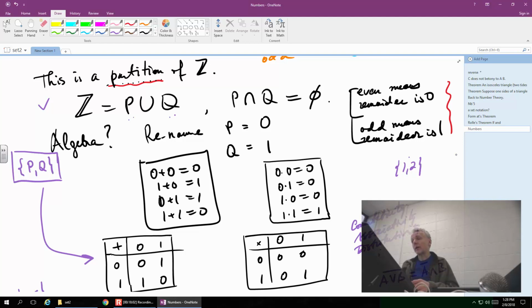Based on the remainder theorem, instead of dealing with the algebra of all integers, we will deal with the algebra of remainders. This is the algebra of remainders under division by 2, 0 or 1. We throw out the part that is divisible by 2, and we're left with 0 or 1, and it turns out the algebra works out just fine.